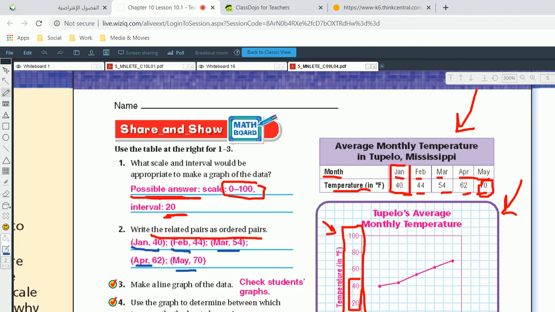After that, we are going to plot these points on the graph. We have January and 40, February and 44, March and 54, April and 62, and the last one May and 70.